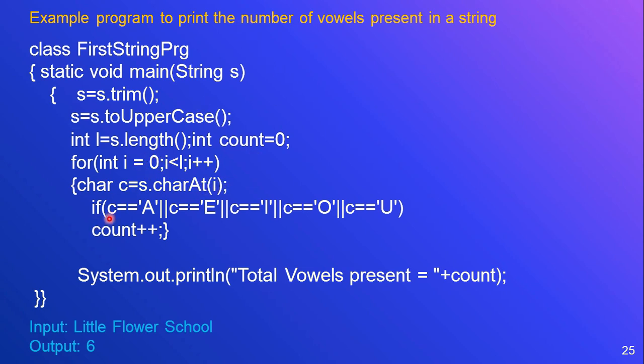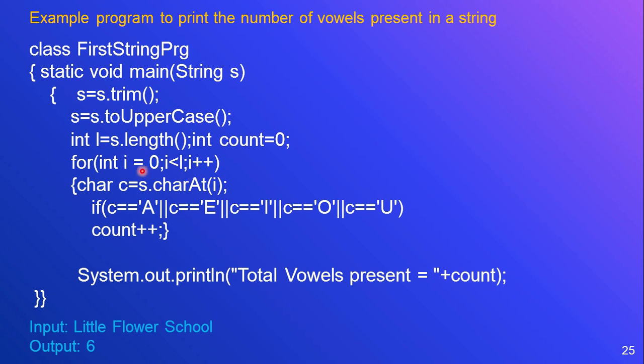Now checking, n is equal to a, false, or n is equal to e, all will be checked here. So n does not come in this category. So the counter won't be incremented, and the loop will continue. i plus plus.